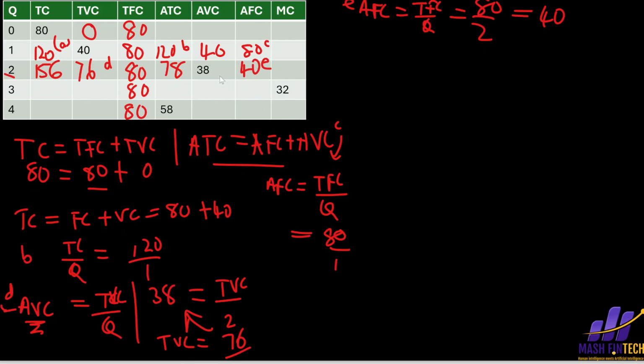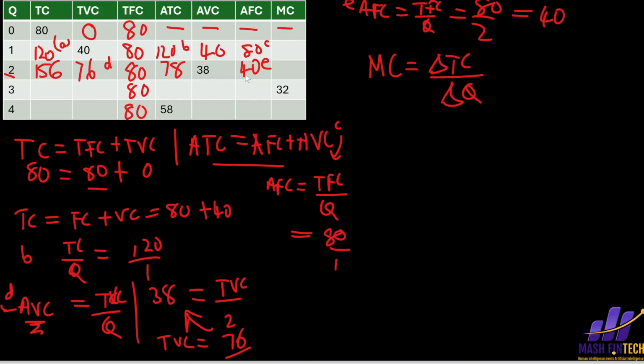Now, the marginal cost, remember, is the change in total cost over the change in quantity. These average values you can't get, you can't divide by 0. So you cannot calculate these; you can leave them blank.